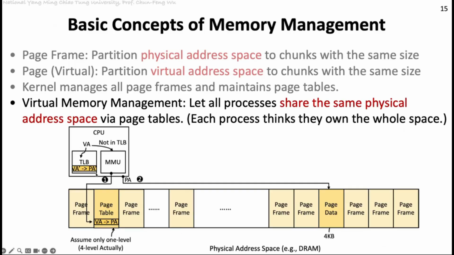So when you are going to switch to another process, the TLB cannot be used for the next process, right? Because the TLB stores the translation results, and the translation results are related to the page table, but the page table can only be used by the process that is running now. So when we do the context switch, we need to switch the TLB and we need to switch the page table. This is the reason.